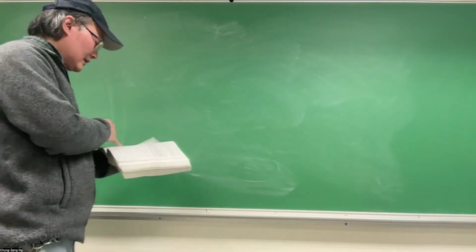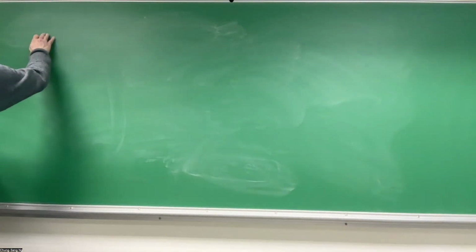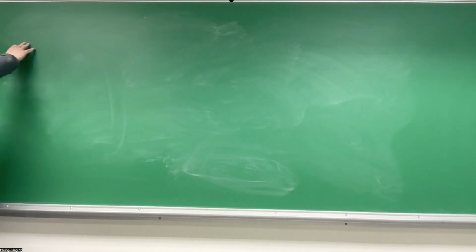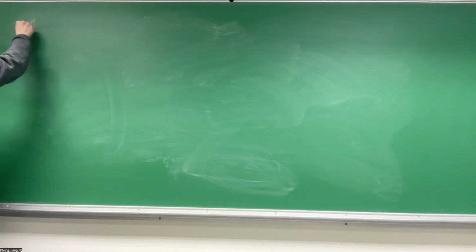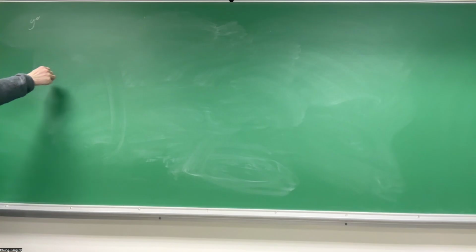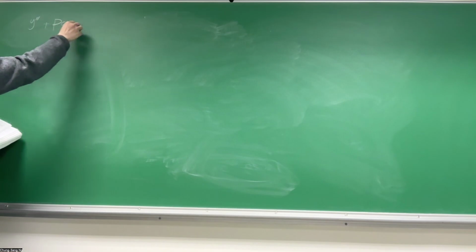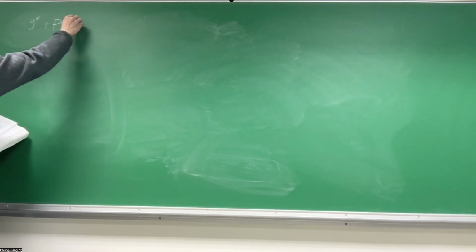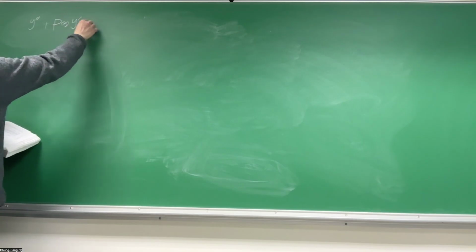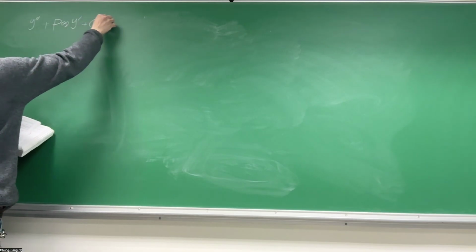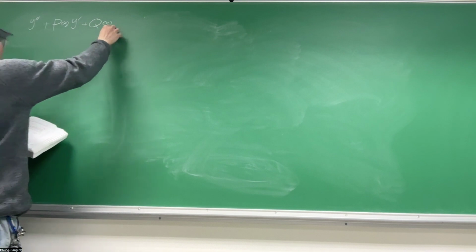Okay, so now the idea is to write the general form. This is y double prime, the second derivative, d squared y over dx squared, and then plus P(x) dy/dx, and plus Q(x) y.